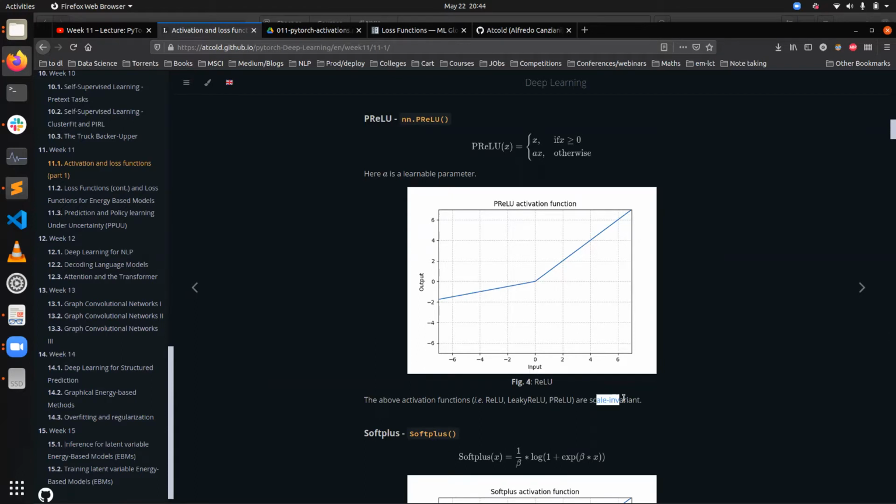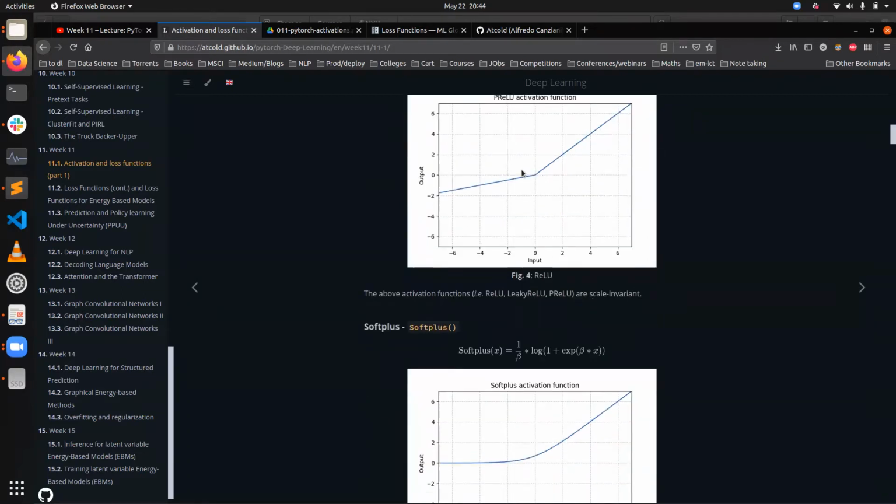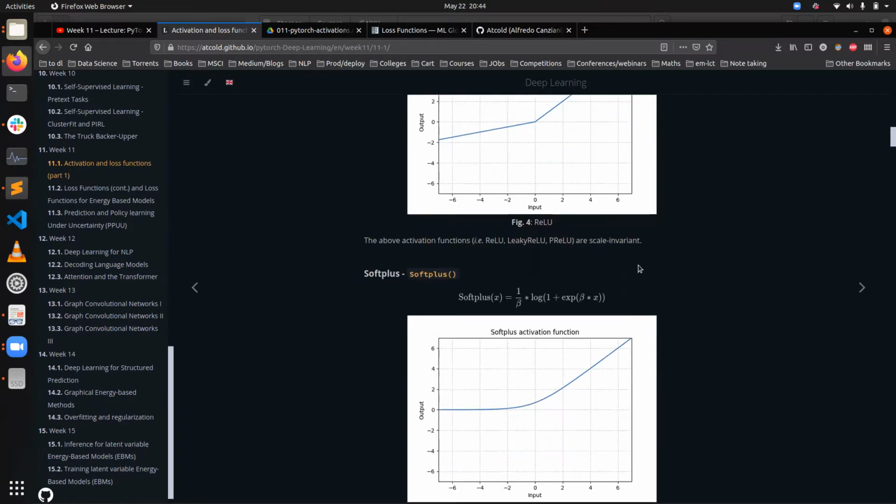The behavior of the activation function does not depend on the scale of your input. So you can multiply or divide your input by 100,000, whatever. The behavior will remain the same since it's just a simple kink nonlinearity. If it was curved, it would depend on the signal. I think we'll come to that later as well.